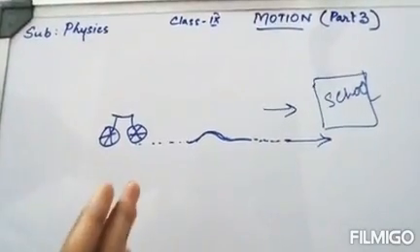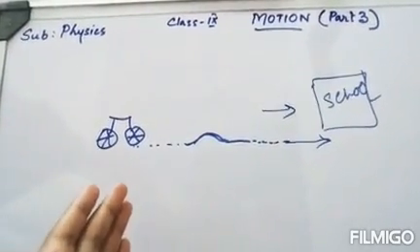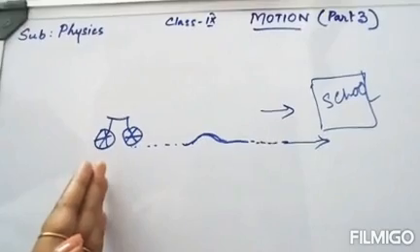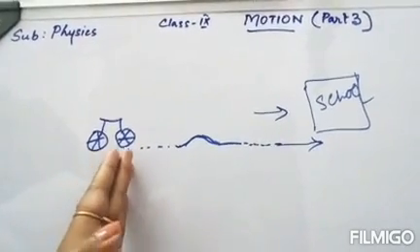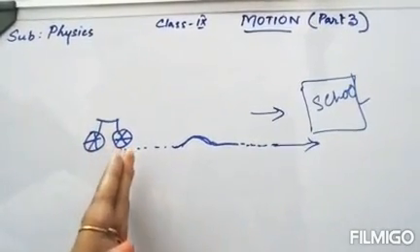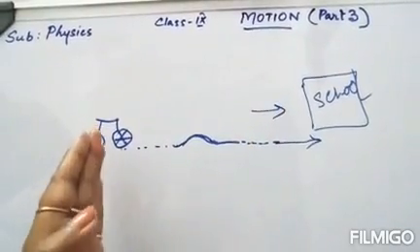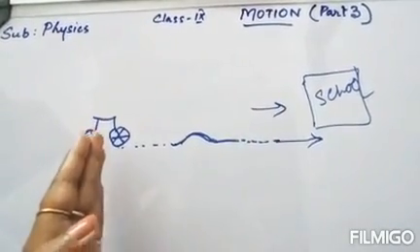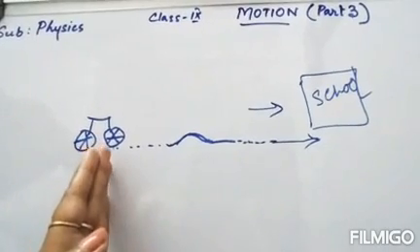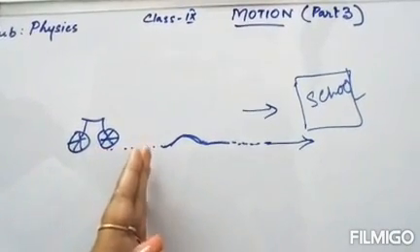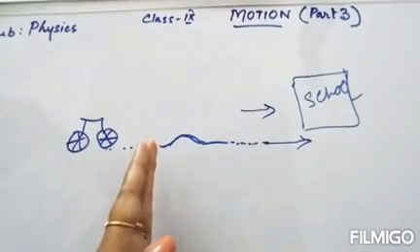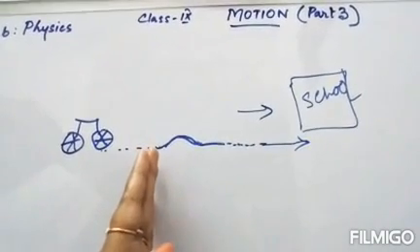Now in this case what happens, once you started from rest but you picked up a speed, as this is having a direction, so I'll call it velocity. You picked up a velocity and as you moved forward you changed your speed. Why did you change?